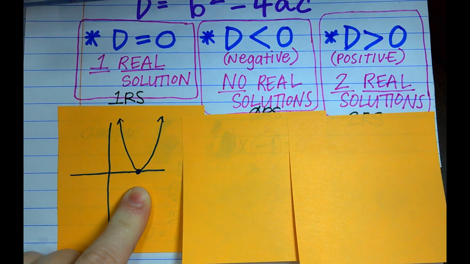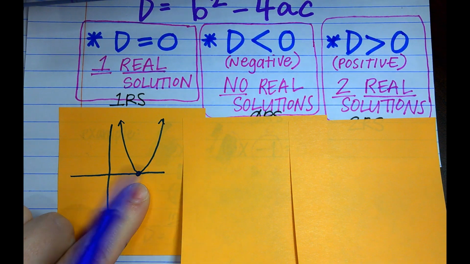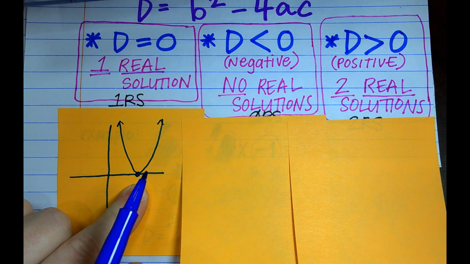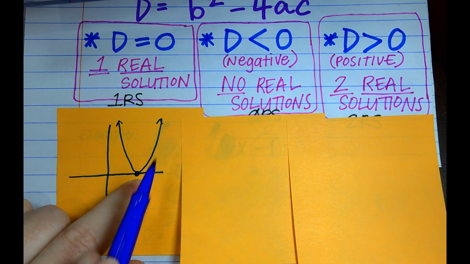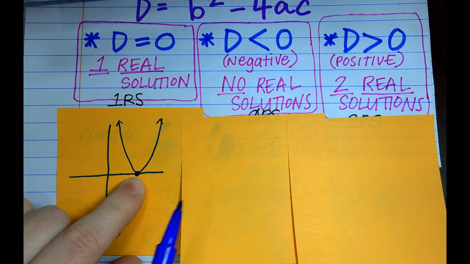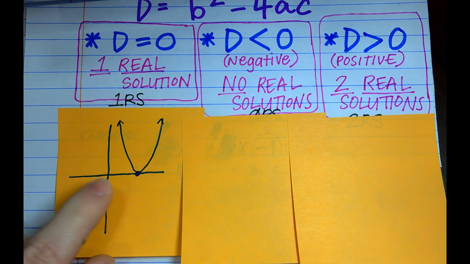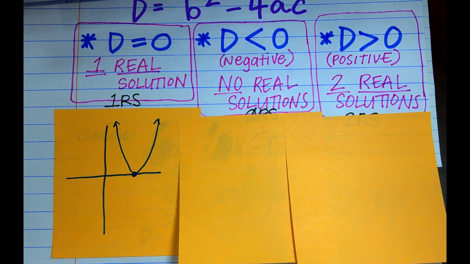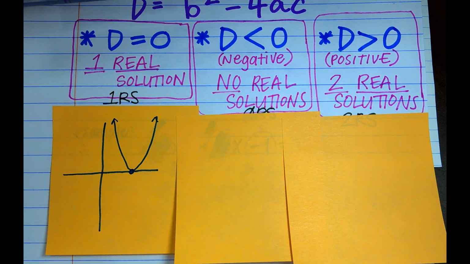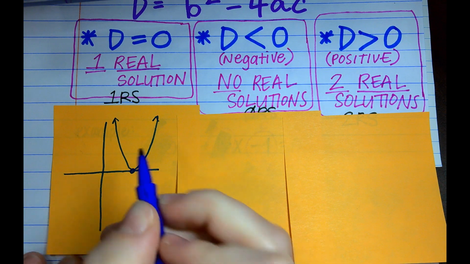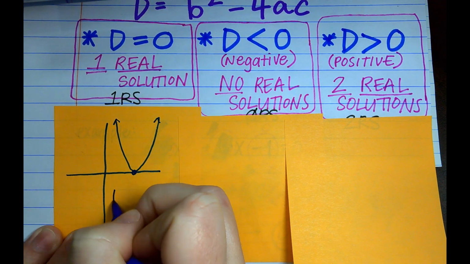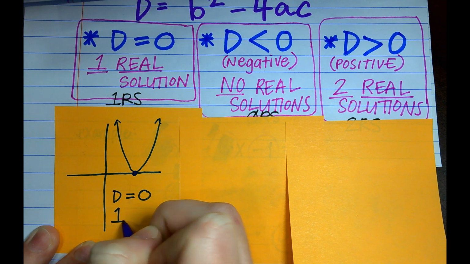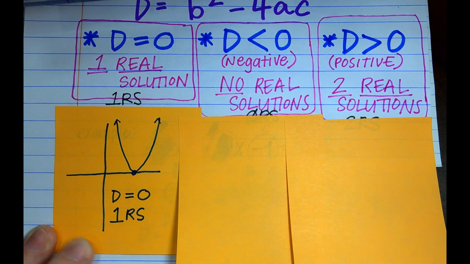This means that if you were to graph this equation, this is called a parabola. We'll talk more about these later. It means that it will be touching the x-axis. There will be one x value just at 1 point. One solution means it touches at 1 point. So we could write D equals 0, 1 real solution.